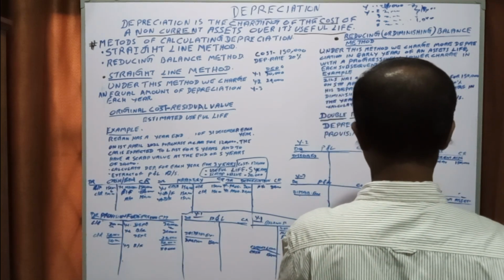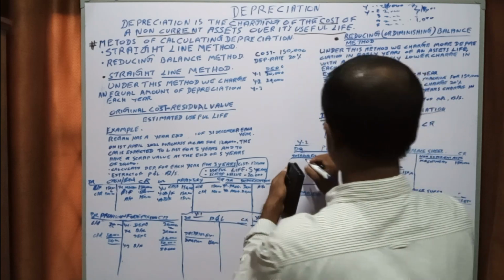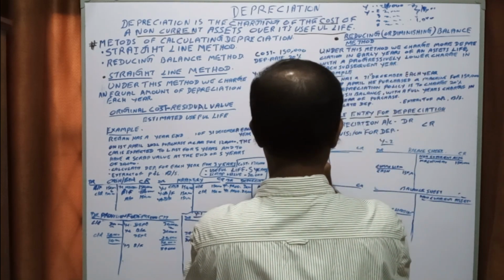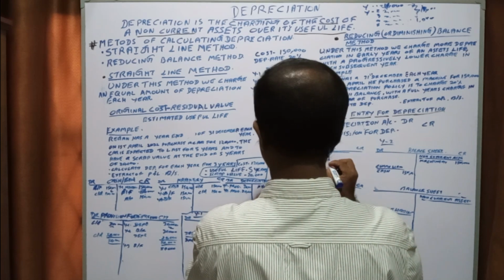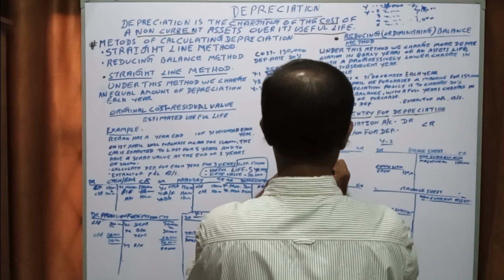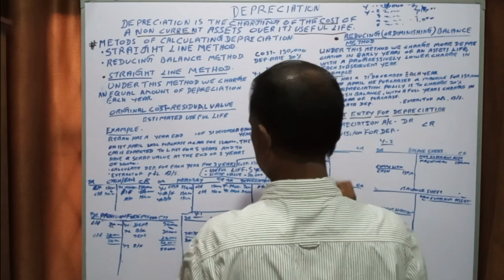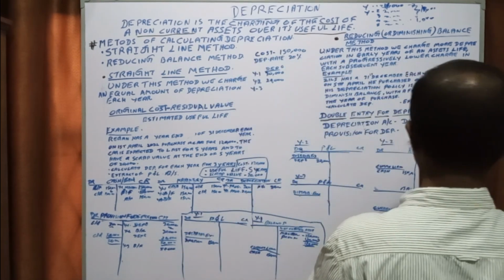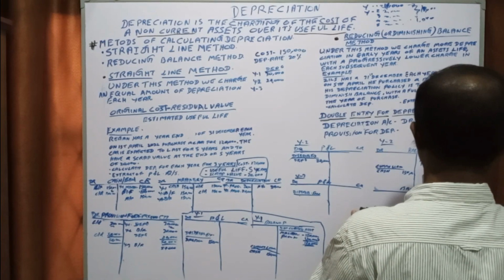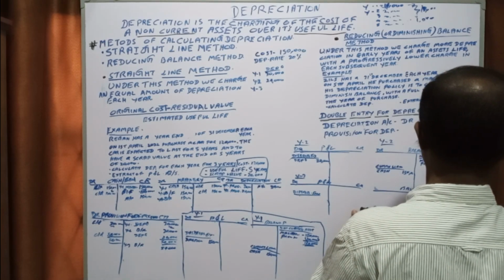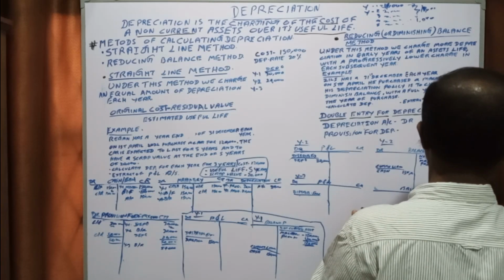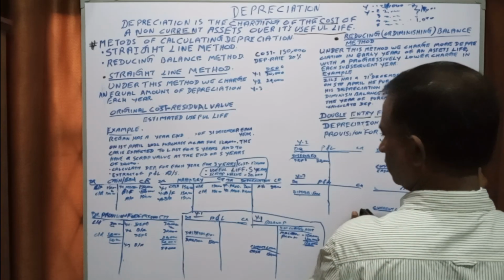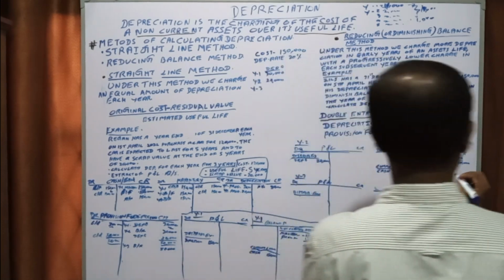Depreciation account is charged 24,000. Provision for depreciation account is 54,000.